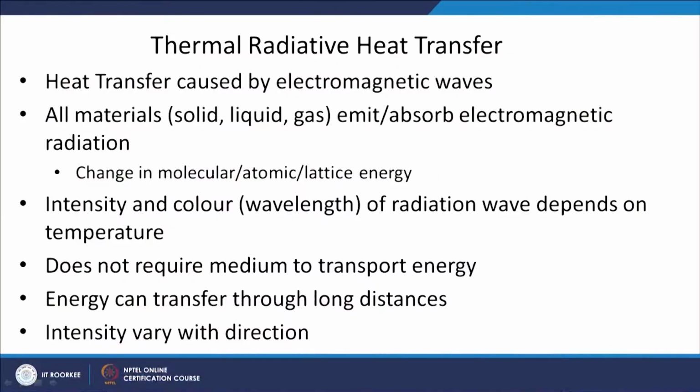Just looking at the basic, fundamental aspect of radiation, radiation is basically electromagnetic waves. Although there is a particle theory and there is a wave theory, and electromagnetic radiation can also be represented in the form of photons, primarily it can be represented as an electromagnetic wave. All materials, whether solid, liquid or gas, have the capacity to absorb radiation as well as emit radiation.